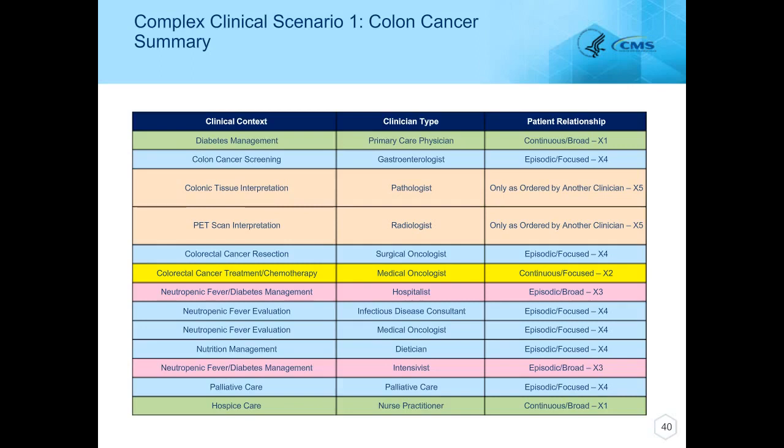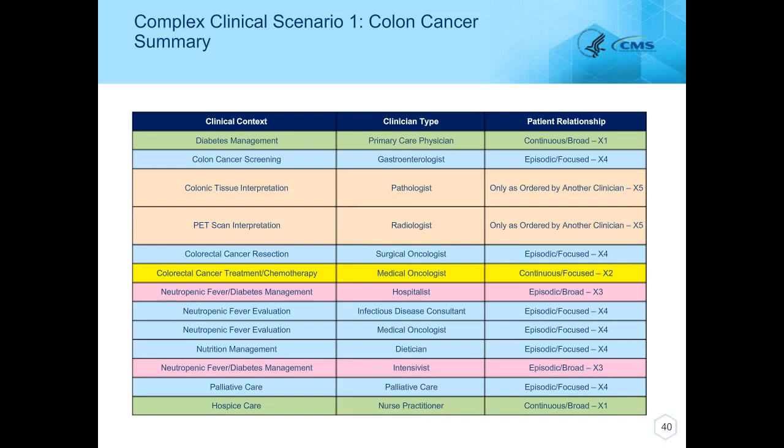Thanks, Rose. The first question is, is the intent for a physician to document the code on every patient encounter, including if they have a continuous relationship, or just the first encounter? Thank you for that question. So the intent is with each interaction to be able to define or give the flexibility to the clinician to define that type of interaction.